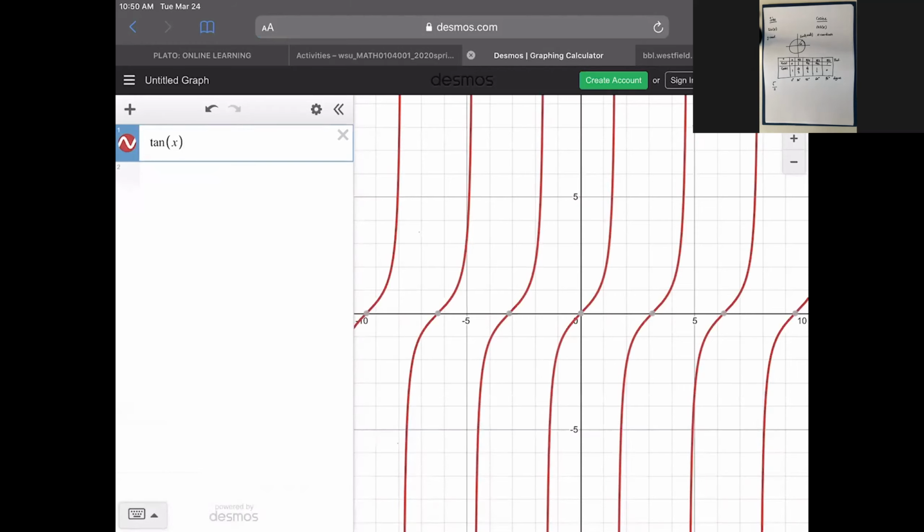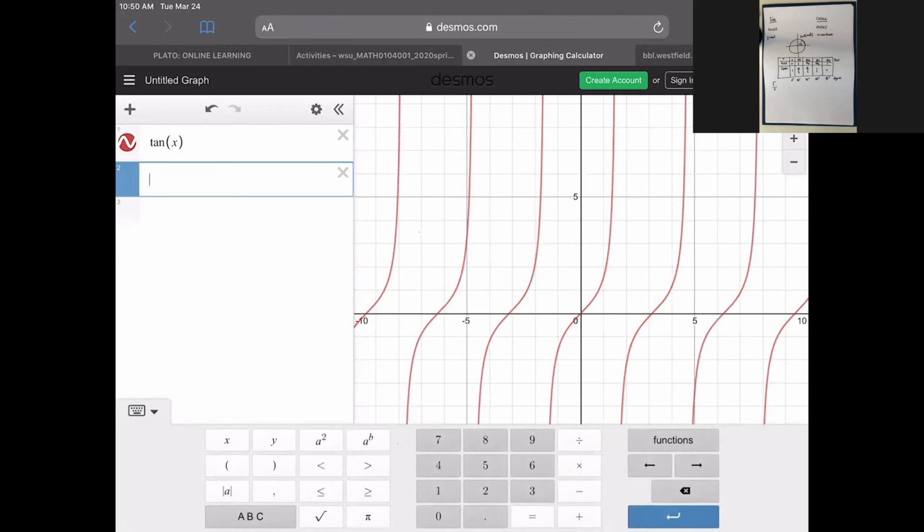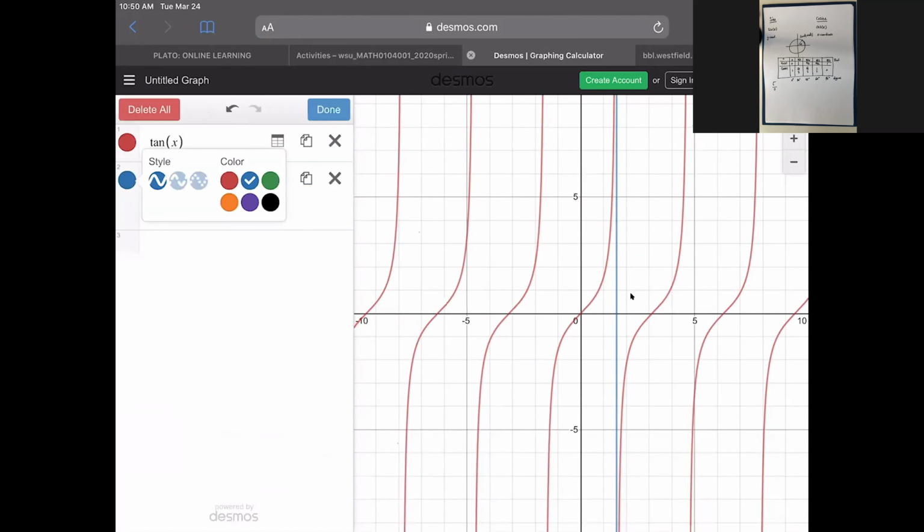Notice that we get these vertical lines right here. This is a point where my graph is undefined. So what I want to type in here is x equals pi over 2, and I'm going to change my style here.